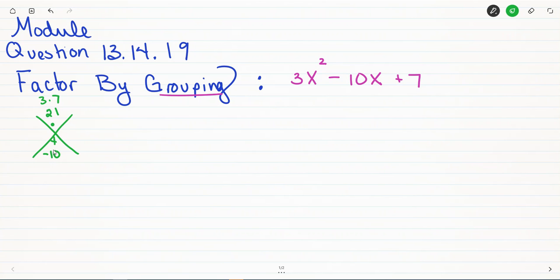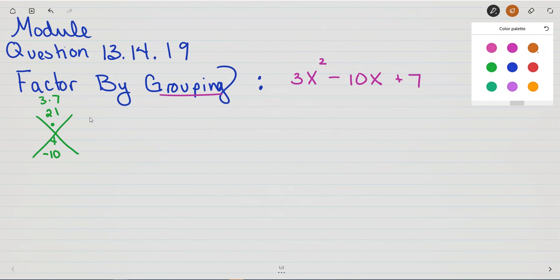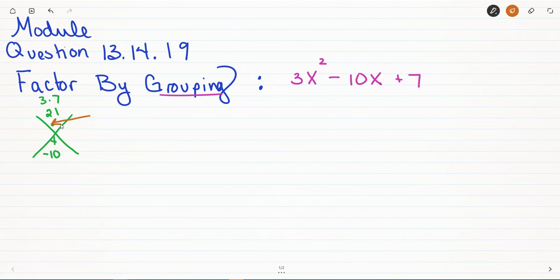So what this number chart is leading me to do, it's just a puzzle. It's like a find the numbers. It's telling me find two numbers that when I multiply, I get 21. And when I add, I get negative 10. So two numbers that multiply to 21 and add to negative 10.